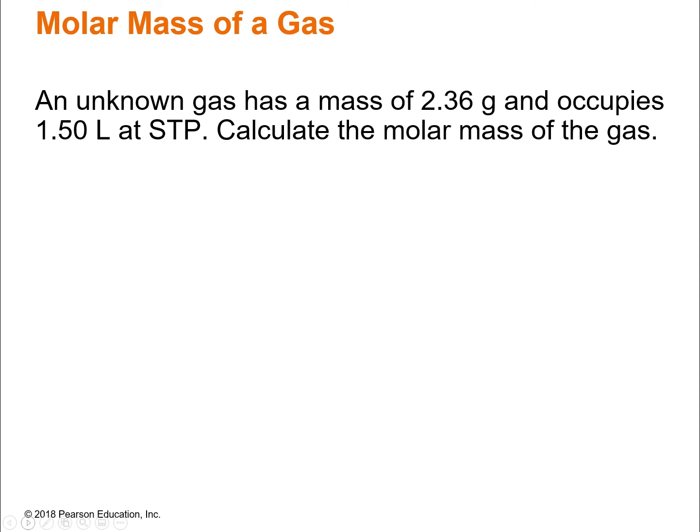Let's say that we have an unknown gas. We know its mass, and we know the volume that it occupies at STP. But what we don't know is the molar mass of the gas. That's what we're going to calculate.